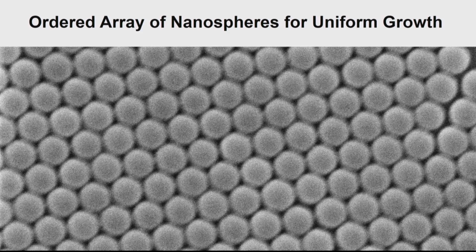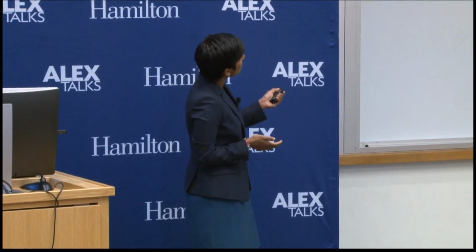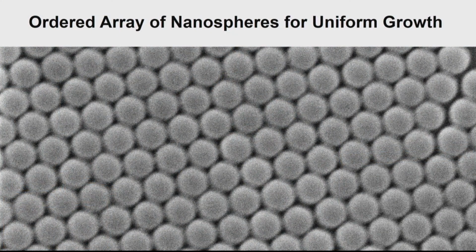a nice ordered array. And if we look at these assembled nanospheres, these were actually images taken using our electron microscope here at Hamilton. This is what they look like, a beautiful ordered array of nanospheres. Now, we want to grow nanostructures within these nanospheres.